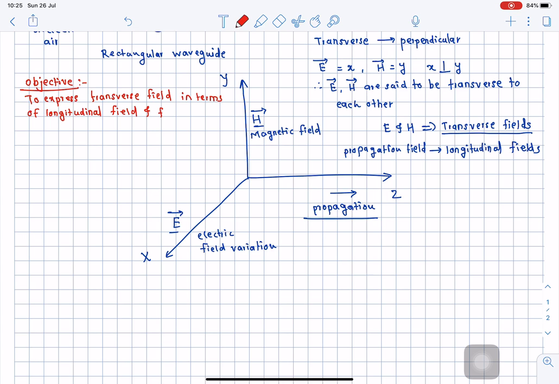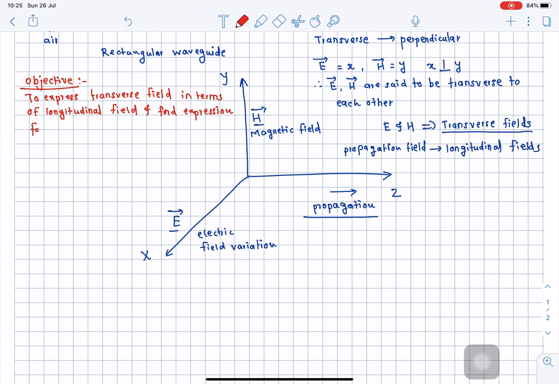and find expressions for all the field components in three-dimensional space.